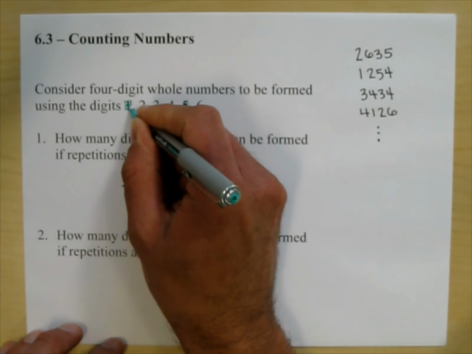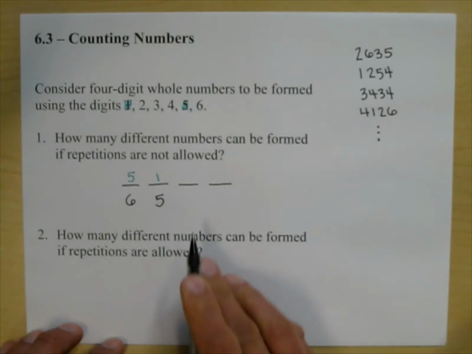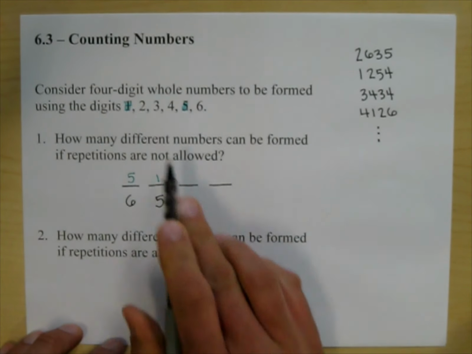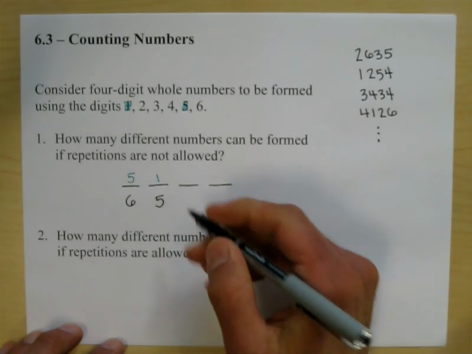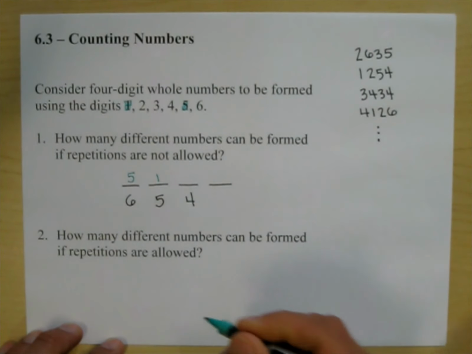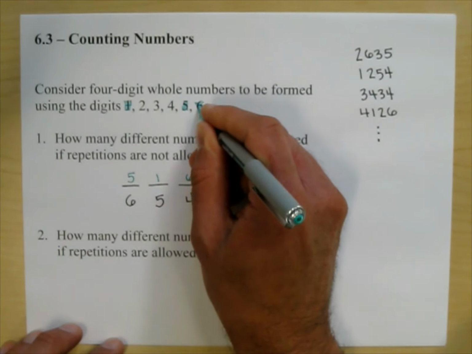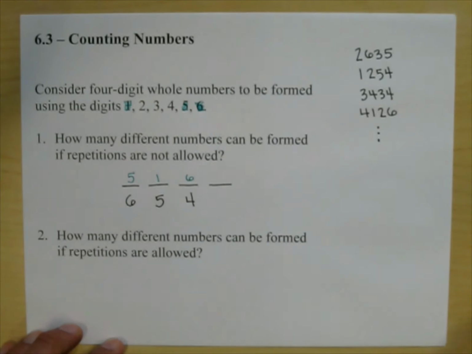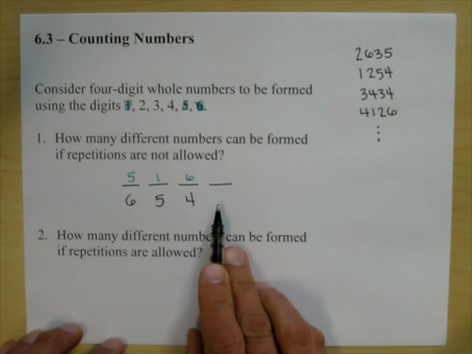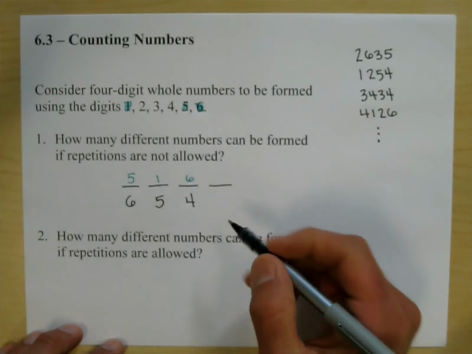Now, why am I crossing things off the list? Because repetitions are not allowed. Now, how many choices do I have for the third slot? Well, 1, 2, 3, 4. And so let's go ahead and put maybe a 6 there. Cross that off the list. And so I have how many choices for my last slot? 1, 2, 3. 3 choices.